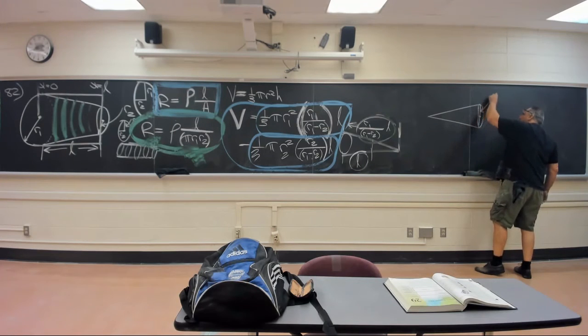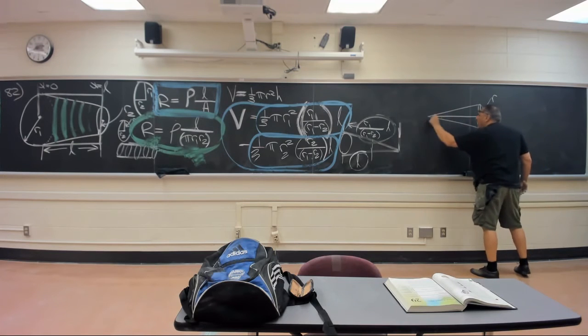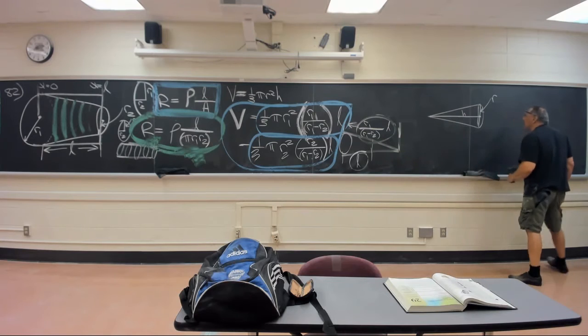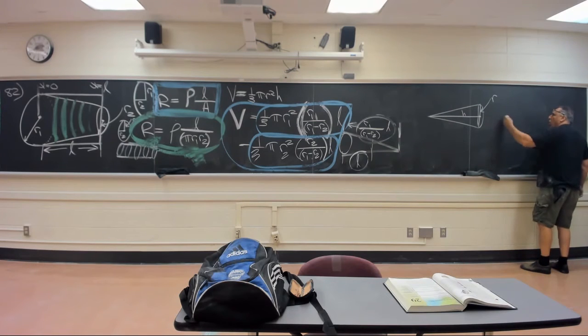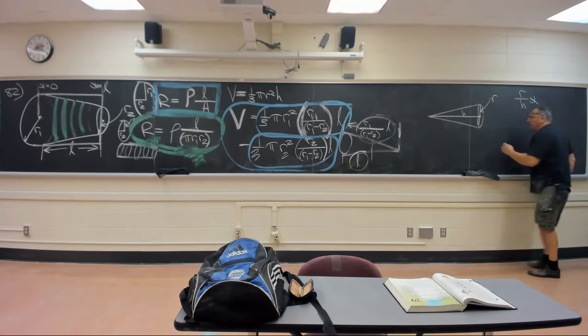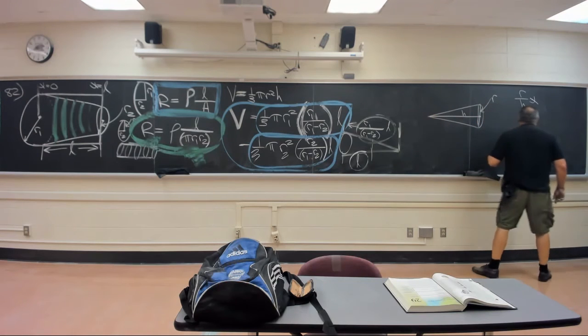This rise of r over a run from x equals 0 to x equals h, the slope is going to be r divided by h times x, and it started at 0. It started at 0 radius, so that's it.